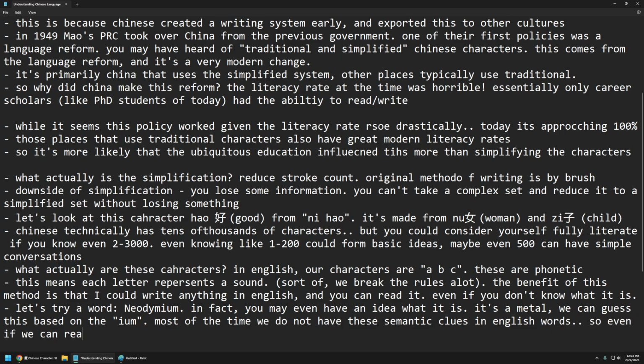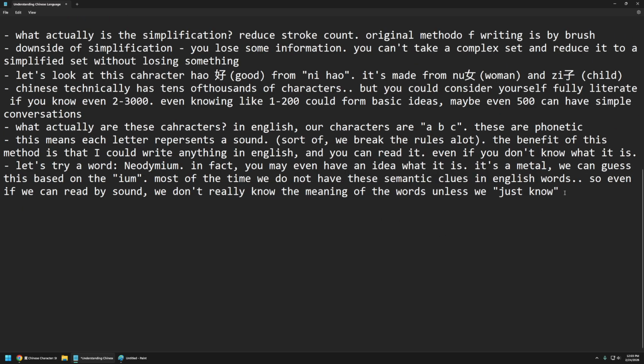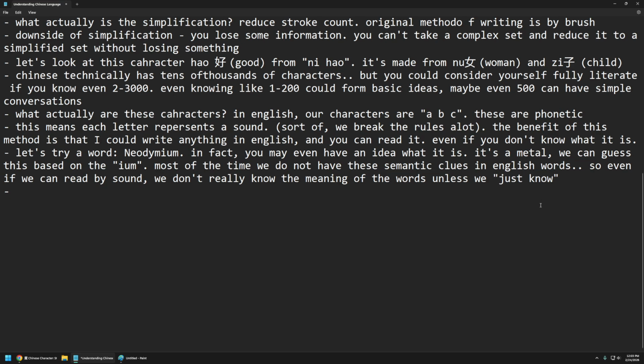So even if we can read by sound, we don't really know the meaning of the words unless we just know, right? So you still have to just memorize all the words' meaning. That's kind of the only way to know.